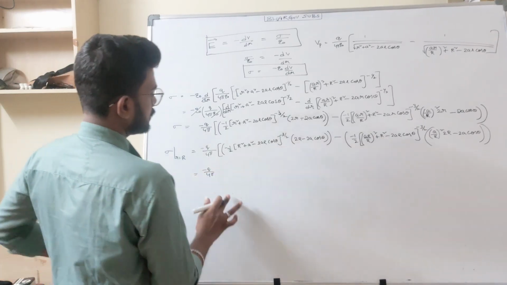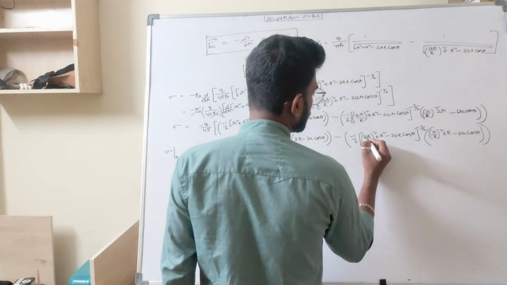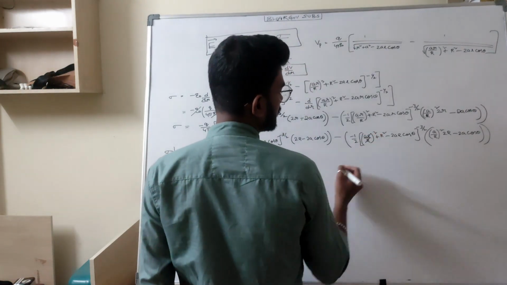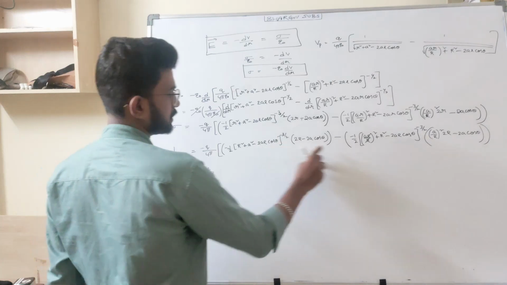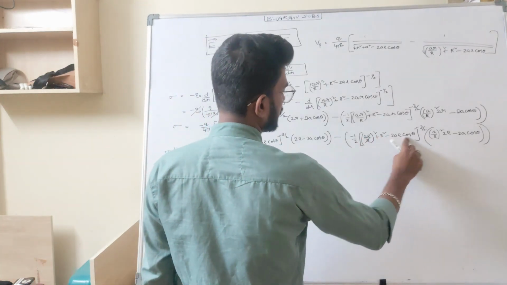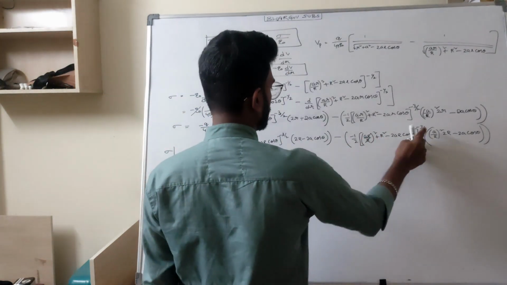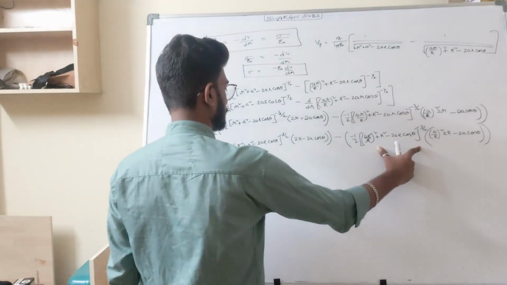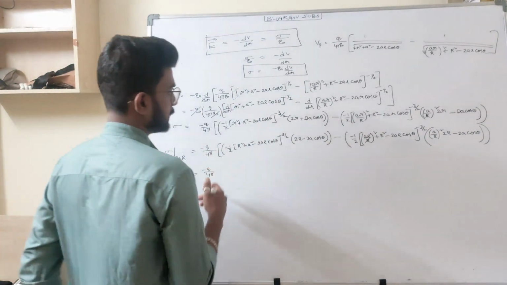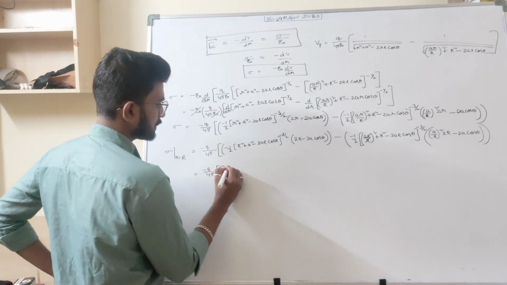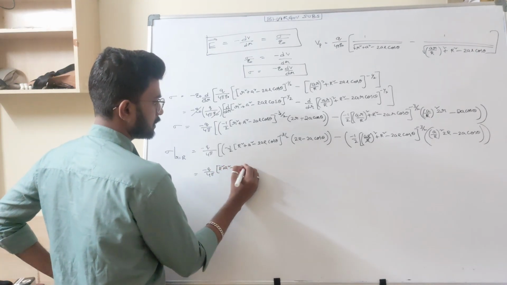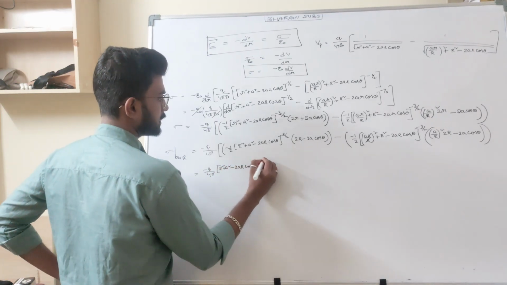See here, r square, r gets cancelled, so a square plus r square minus 2ar cos theta whole to the power minus 3 by 2. So this term I can take outside as common. So r square plus a square minus 2ar cos theta whole to the power minus 3 by 2.